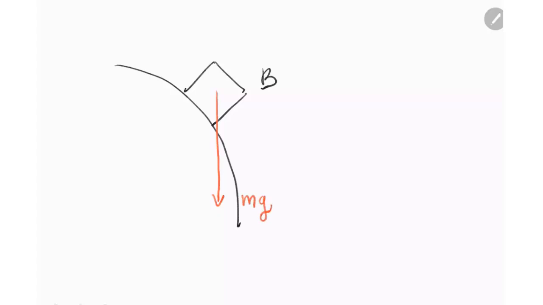Besides that, we have the normal force, or the reaction of the surface acting on the particle, and we have this force that is the radial force acting along the radius. We have this component is mg cosine of theta. This angle here is theta.